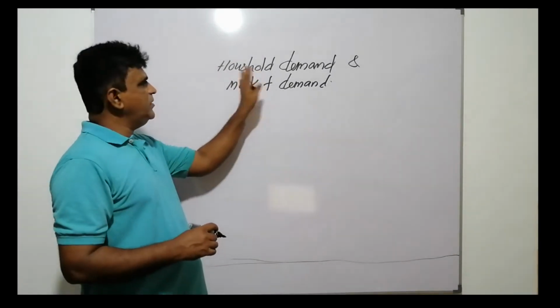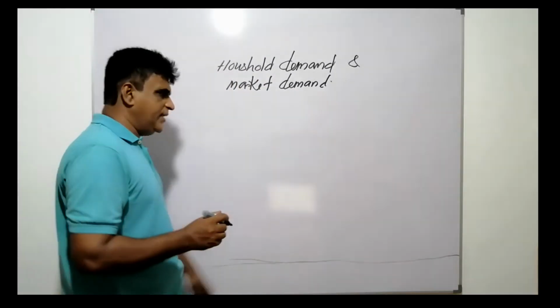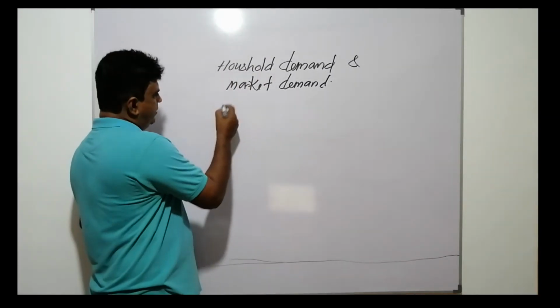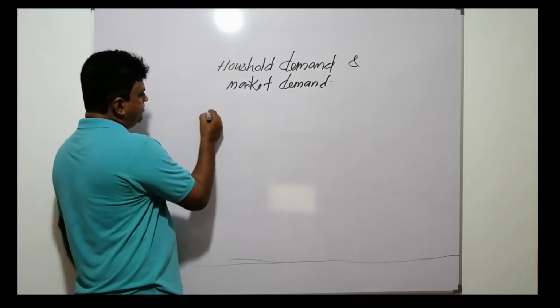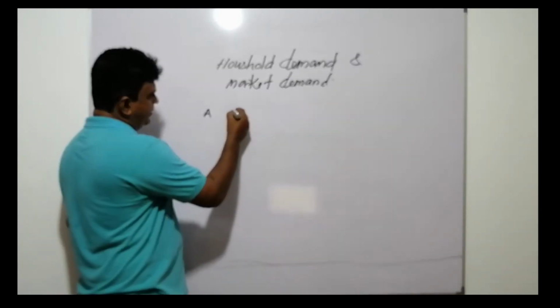In household demand, we can say one person, consumer A, is there.